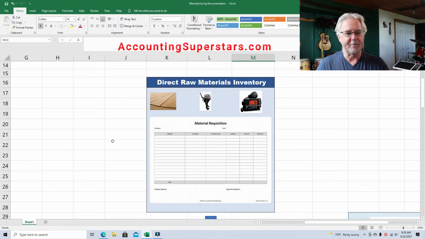And this simply means I need materials. I need some teak wood. I've got a picture of teak wood here. I need a boat motor. I need a marine radio. He would write these things down and how many were taken out. The person in charge of the inventory would have a copy of this, and also the accounting office would need to get a copy of this raw materials inventory requisition form, or just a materials requisition form to keep it short.